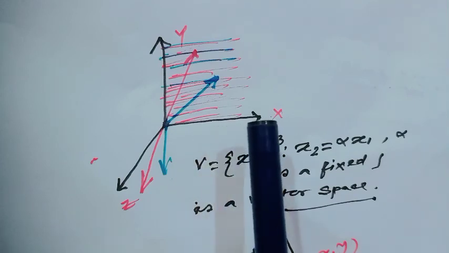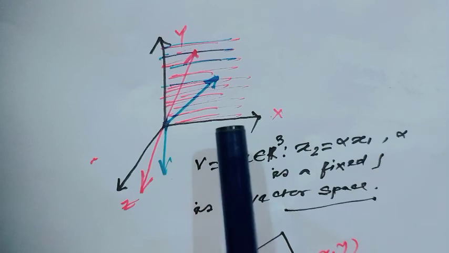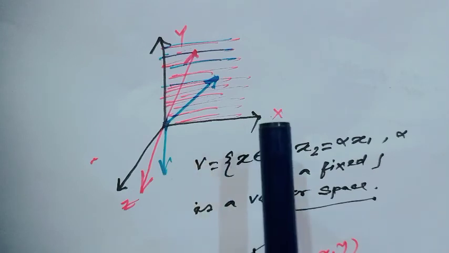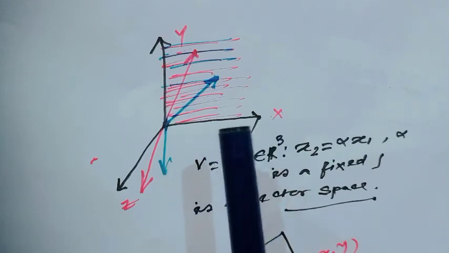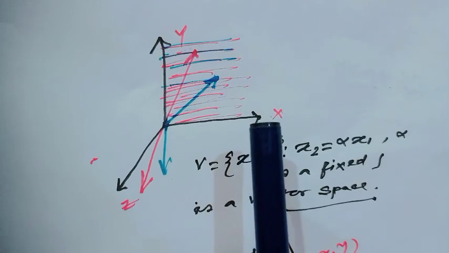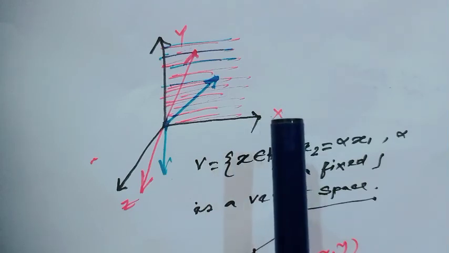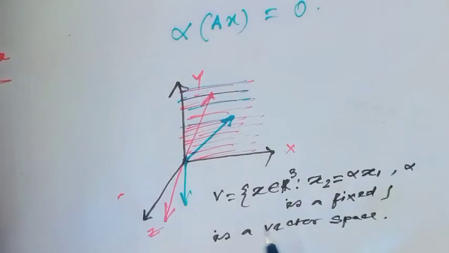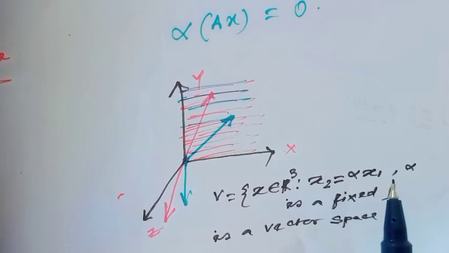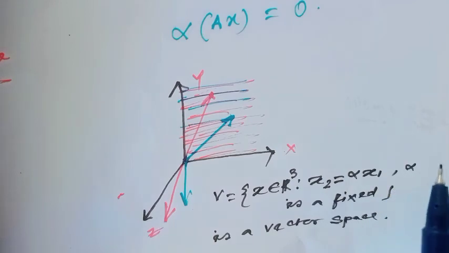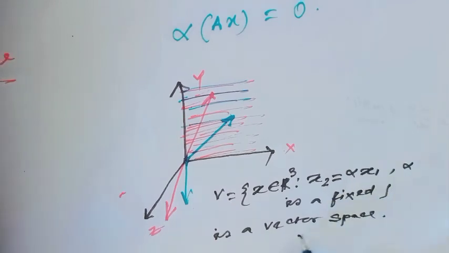But if you take any line or any plane passing through the origin, this would be a vector space. If we consider those x belonging to R3 such that x2 equals alpha x1, where alpha is any fixed number, that means the set of those points on a line passing through the origin, obviously this is a vector space.